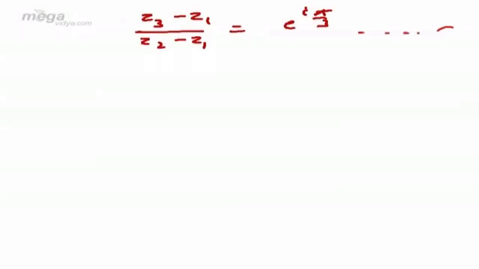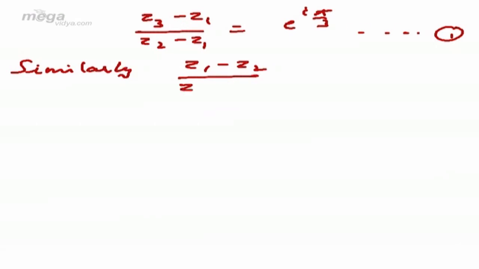So Z3 minus Z1 divided by Z2 minus Z1 is equal to e to the power i pi by 3. This is equation 1. Similarly, Z1 minus Z2 divided by Z3 minus Z2 is equal to e to the power i pi by 3. This is equation number 2.